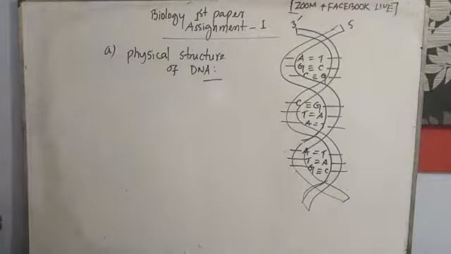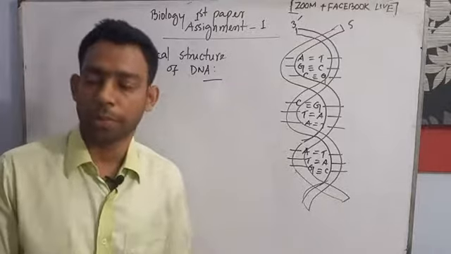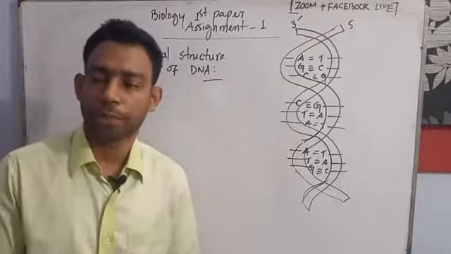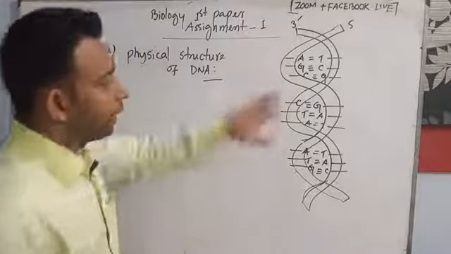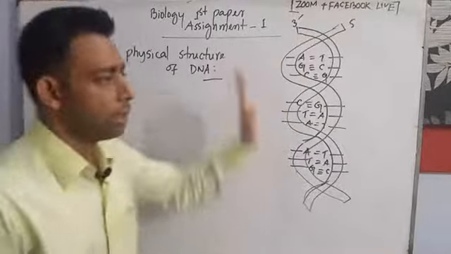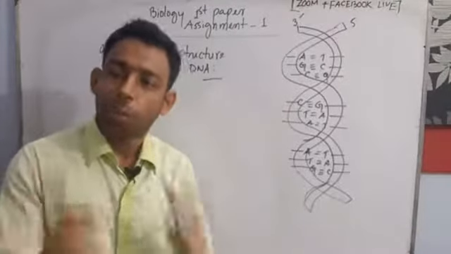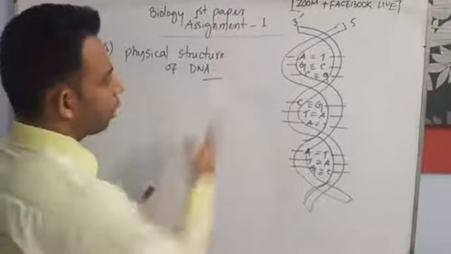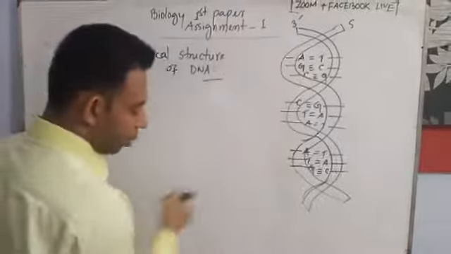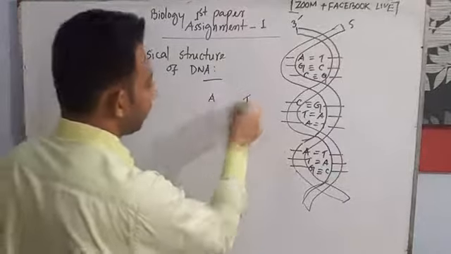So when you draw by yourself, write something about them; better to draw and better to write accordingly. Okay, there is a structure. This is a structure. Sir, I draw this one only; the other figure I already taught you before. Beside it you will draw, suppose, adenine and thymine.